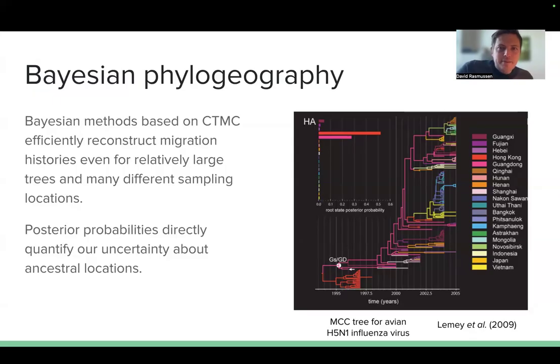Of course, as we talked about in the very first lecture of the entire semester, assuming that the root of a given tree necessarily is representative of where a pathogen first arose can be problematic and can mislead our inferences. So we always have to interpret these inferences about the origins of different pathogens appropriately.